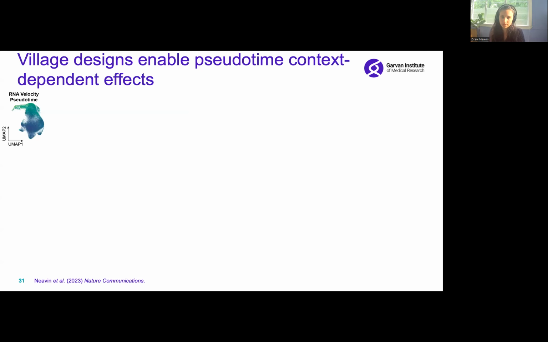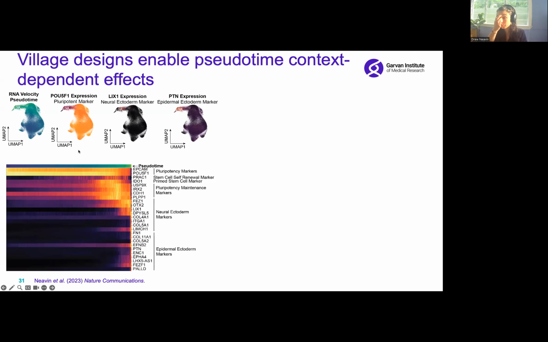And so the next thing that we looked at was if we could see dynamic effects across our cells that we captured for this experiment. And so we identified a pseudotime for all of our cells using RNA velocity. And this pseudotime actually reflected pluripotency state. So you can see that the highest expression of the pluripotency state is kind of in the main body of this UMAP. I think of this as an elephant.